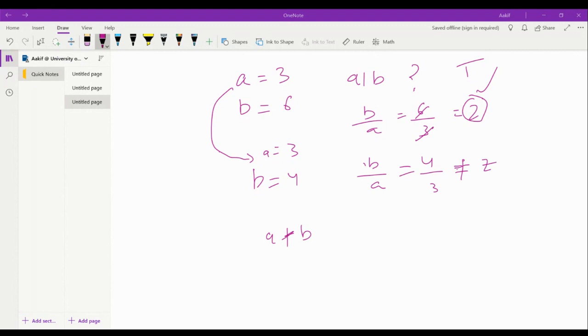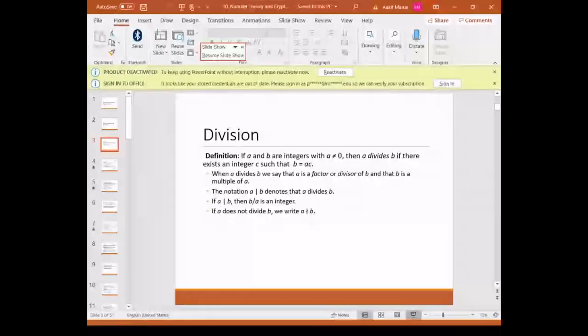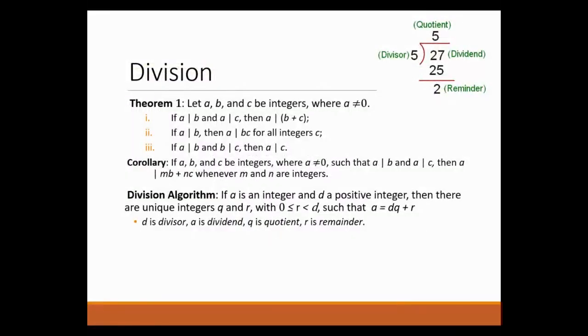Now, there is another theorem related to division, where we have A, B, and C. Let's assume that A, B, and C are three integers where again A is not equal to 0.